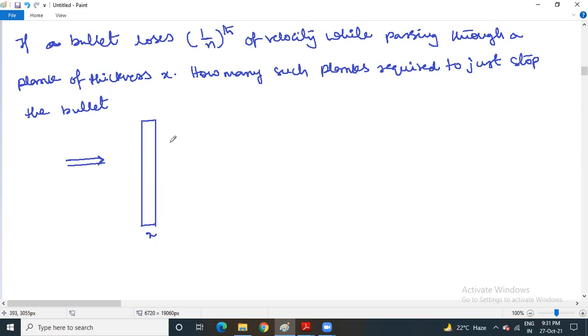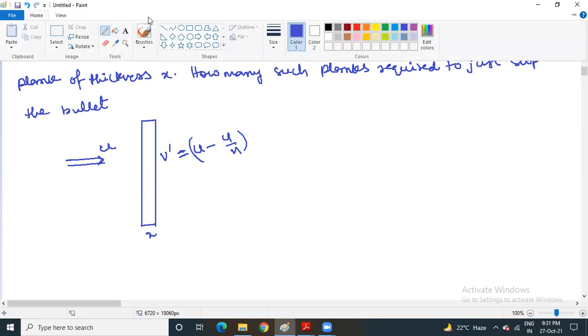What is the meaning of loses? It means it will have some remaining velocity. So let us say this is u. When you talk about remaining velocity, it is u minus u by n. We don't know how much this n value is; it may be 2 or it may be 3. So losing means we get the remaining velocity. The question is, how many such planks are required to just stop the bullet?